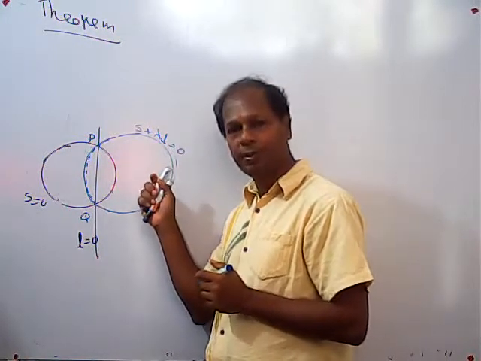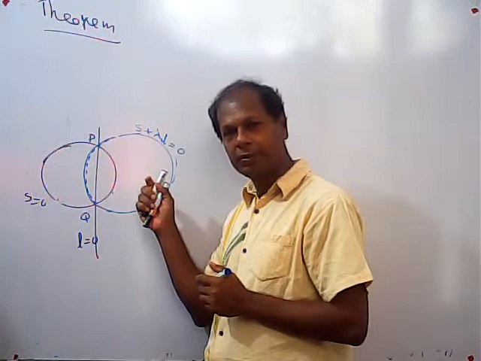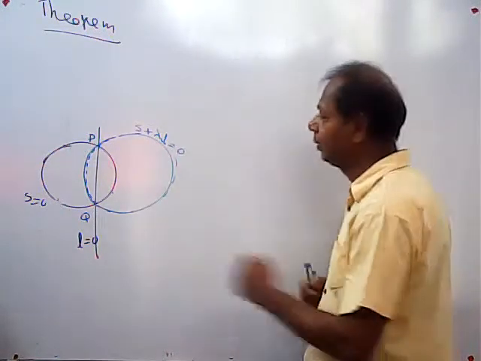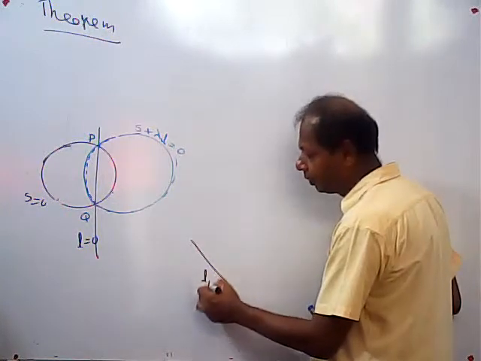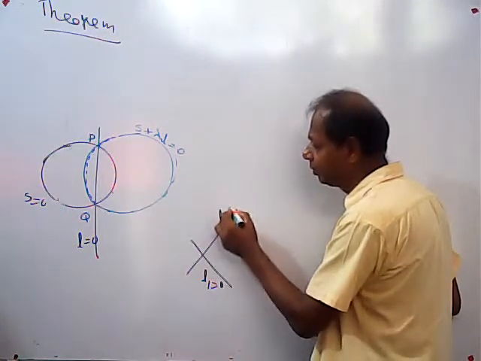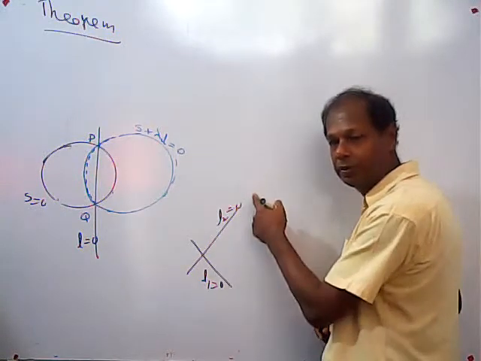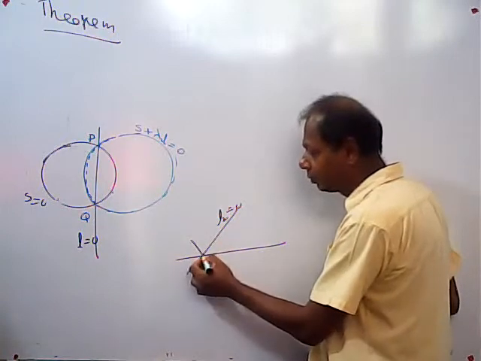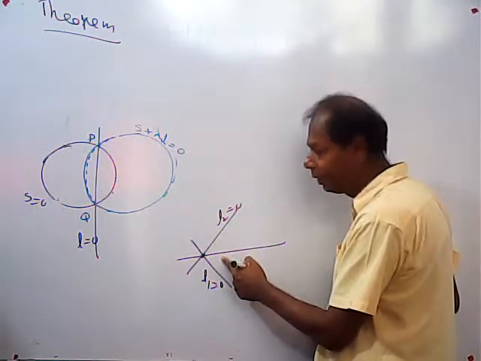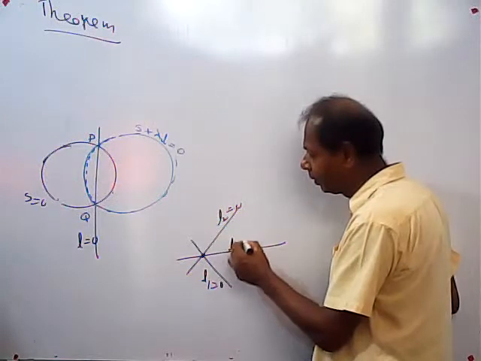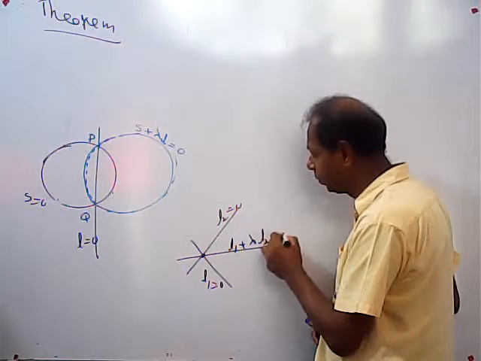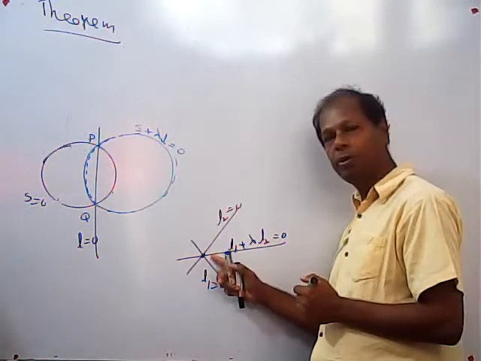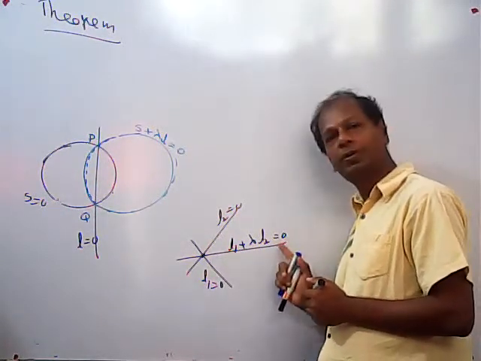This should remind you of something somewhat similar, right? In straight lines, once you are given two intersecting straight lines, L1 equals 0 and L2 equals 0, any straight line that passes through this point of intersection can be written in the form L1 plus lambda L2 equals 0.